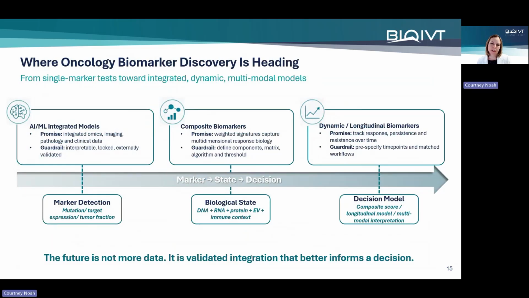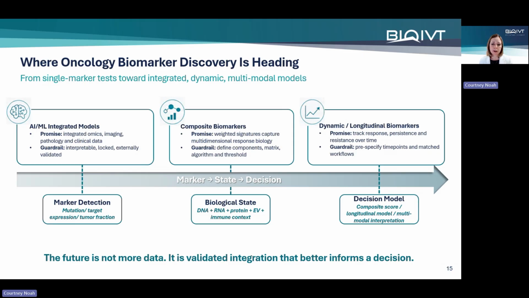The future of biomarker discovery is certainly shifting from marker detection towards a better understanding of that biological state, and as I've drilled home many times here, the ultimate support for the decision. The evolution that we're seeing is really in three major areas. First, as we hone and develop more AI and machine learning enabled models, that allows us to better combine molecular, pathological, imaging, and clinical information.